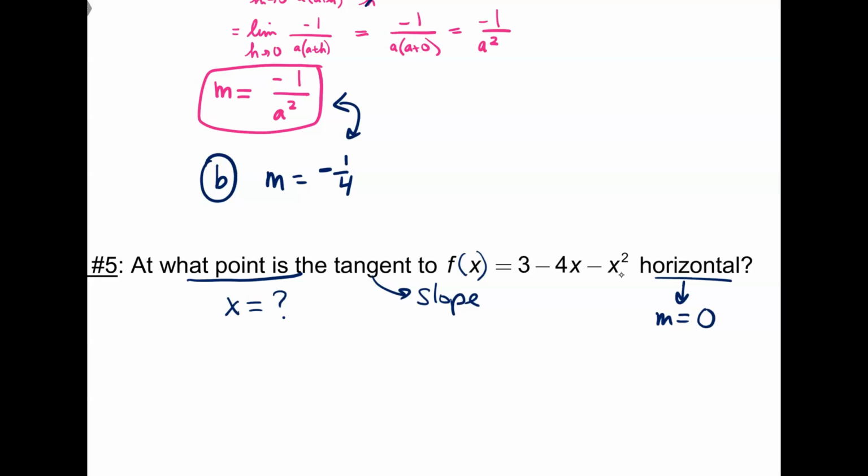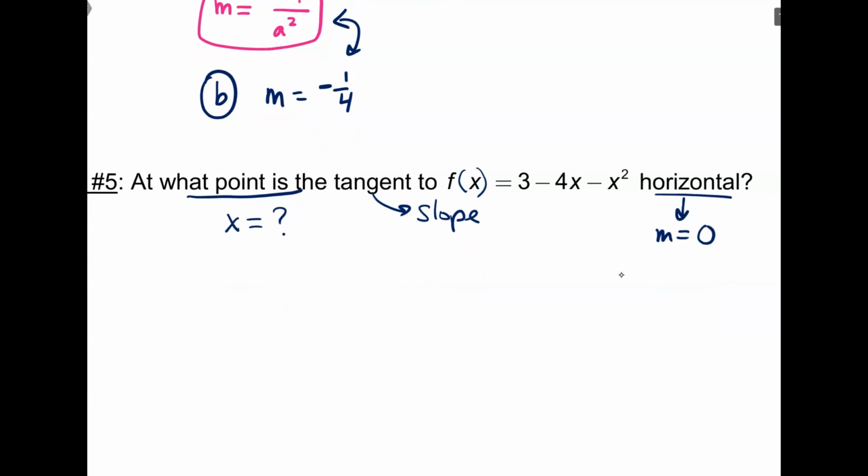I'm factoring. 0, 3. No, why? Yeah, wait, I got it. Negative 3 and 1. I was thinking that. Not quite.